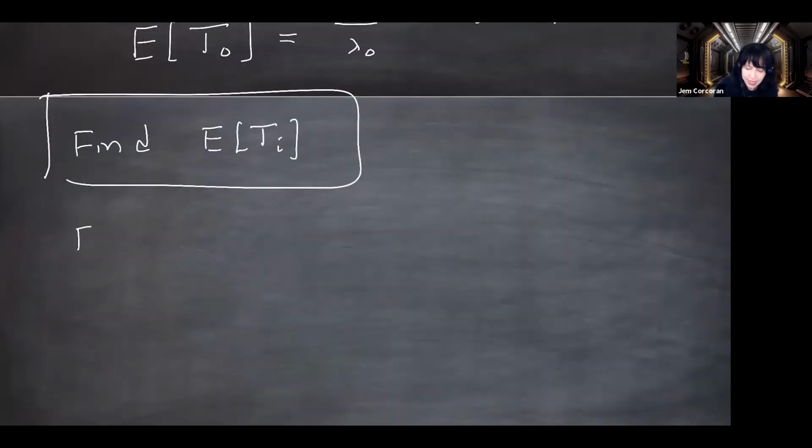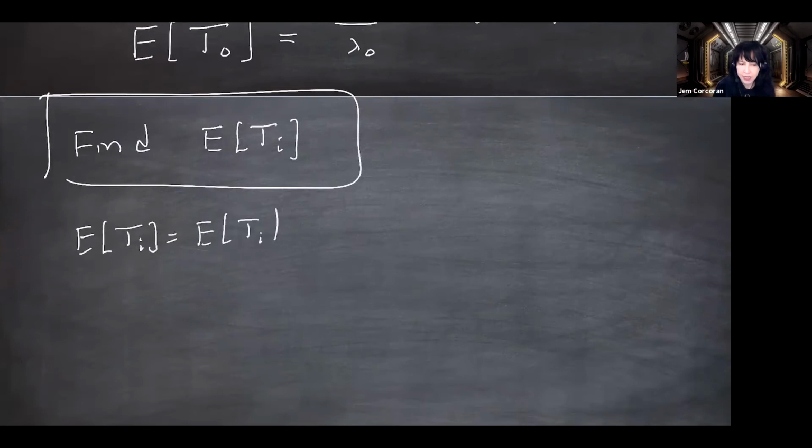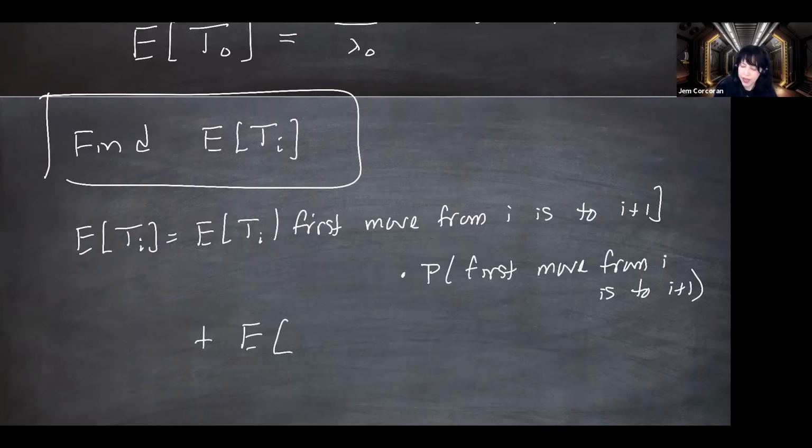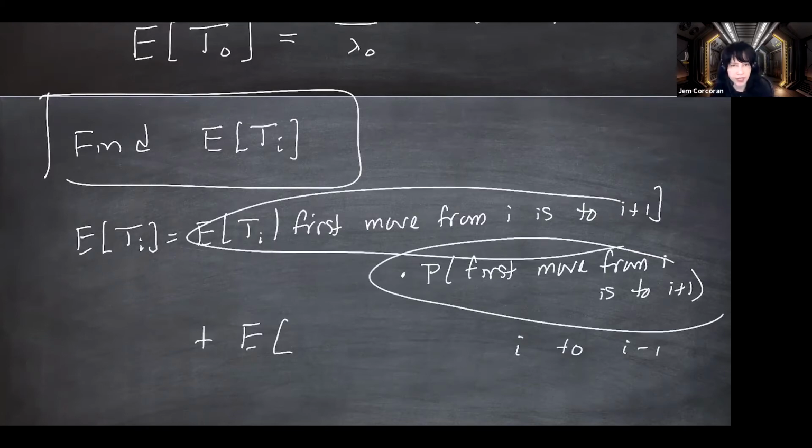So the expected value of T_i is the expected value of T_i given the first move from i is to i+1, times the probability that the first move is from i to i+1, plus the other one: the expectation and the probability, but instead of going i to i+1, I'll be going down. There will have been a death.